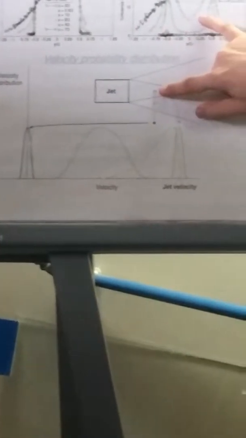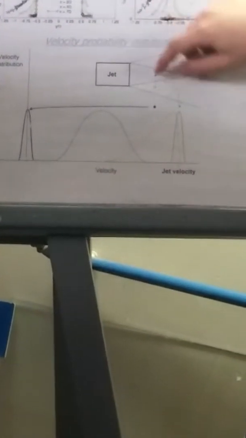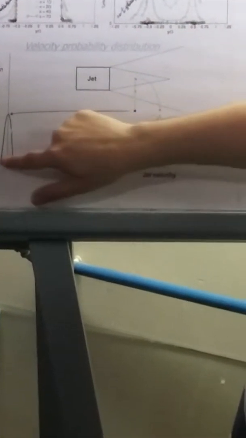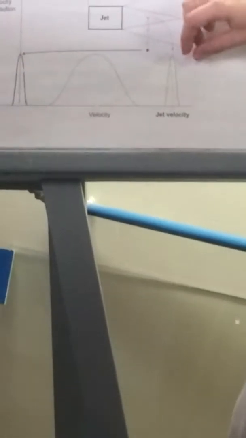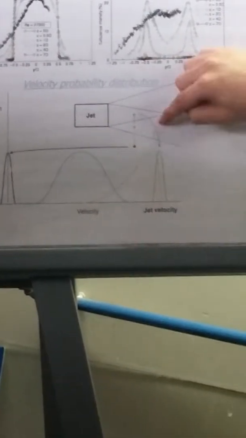If you go to the green point, inside the potential core, the velocity is different, but we have a very weak turbulence, and so you also have a very well defined distribution that starts to look like a tube.